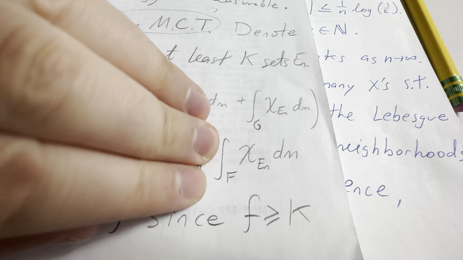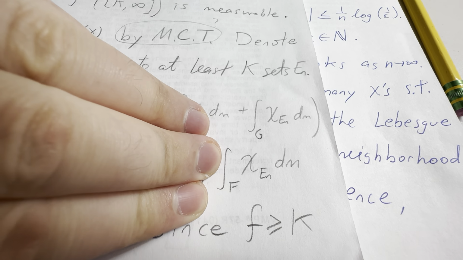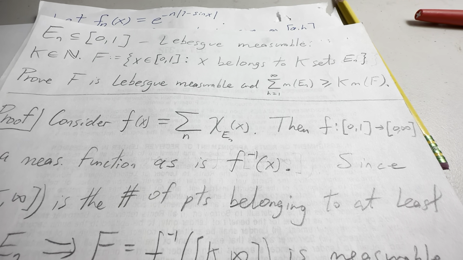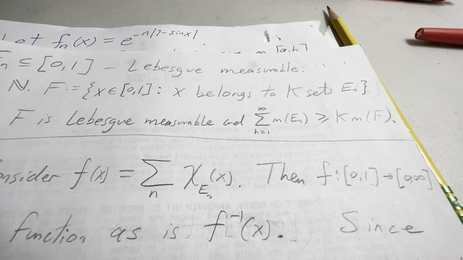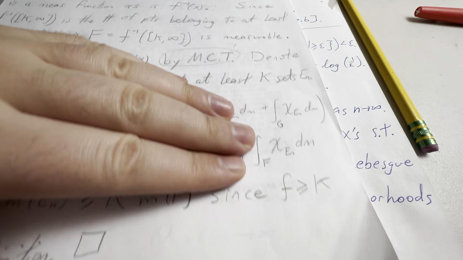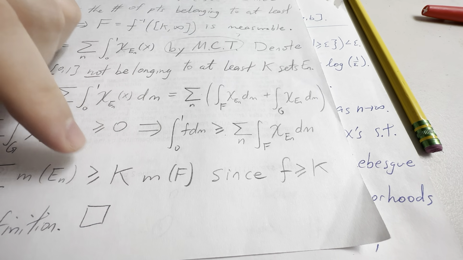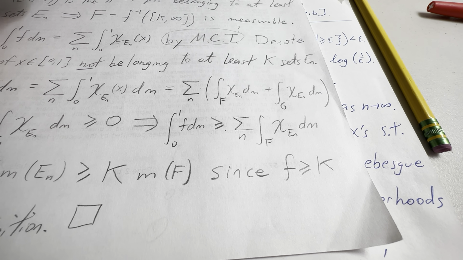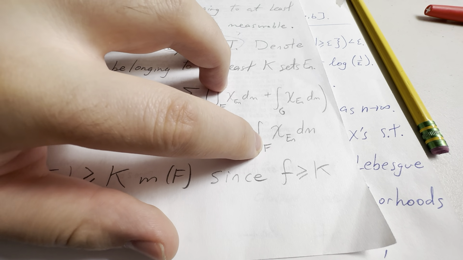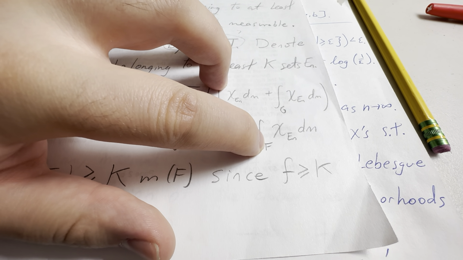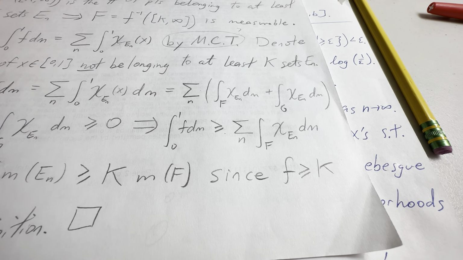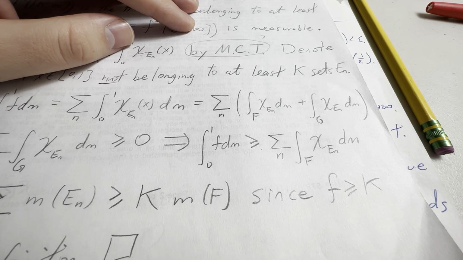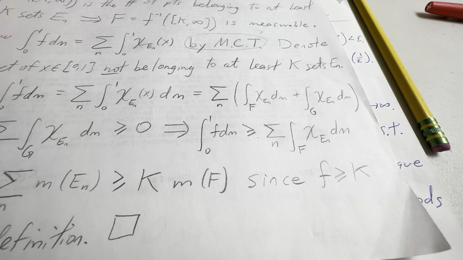Essentially what this does here is it returns the measure of En intersected with F. But what's F? F is the set of x that belongs to k sets En. So there has to be k of them, which is where this k comes from. But why the measure of F? Well, the integral gives me the measure of F, which makes sense. And supposedly I have k amount of them. Because it returns a 0 if you're not inside of F.